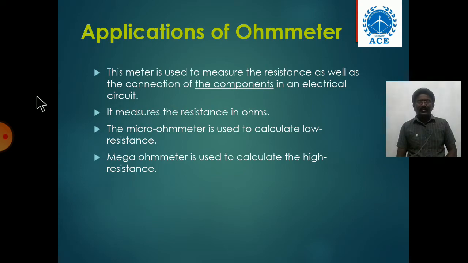Suppose when the terminals AB are opened, current through unknown resistance is 0. Here unknown resistance Rx equal to infinity. So in that case, pointer position is marked on infinity, that means on left side of the dial.